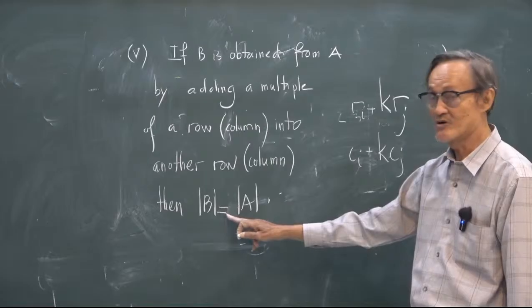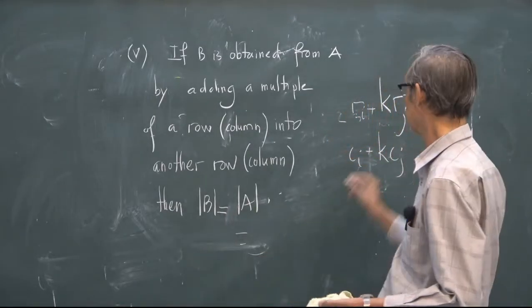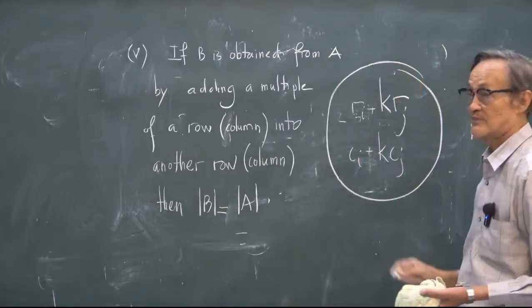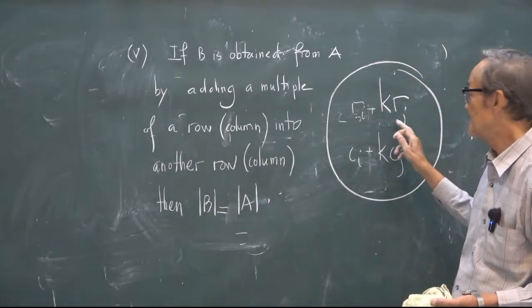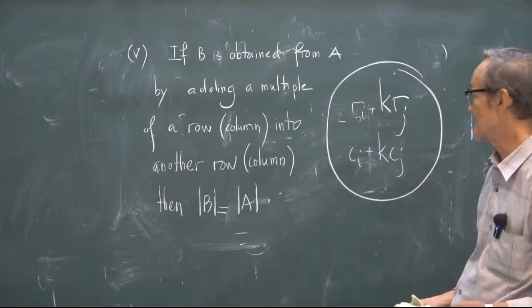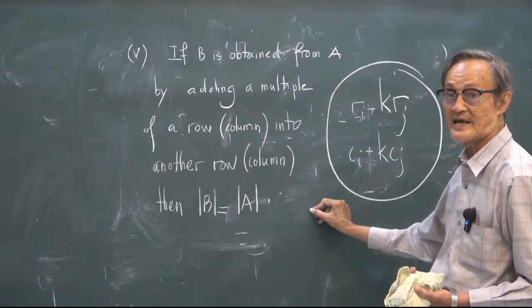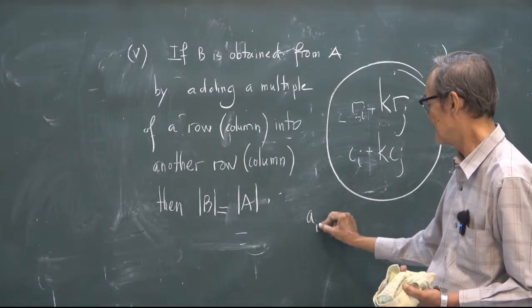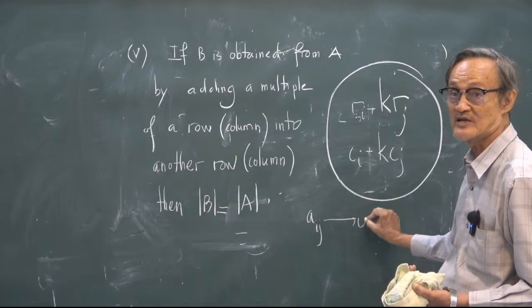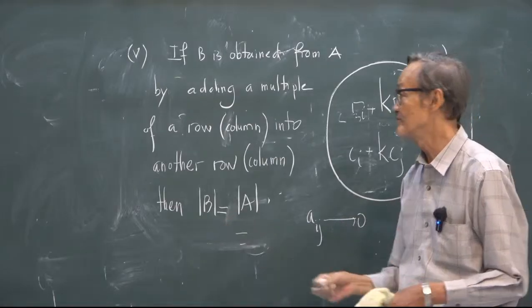The determinant of B equals the determinant of A. Okay. It's very important to find the determinant, to transform elements to become 0. It does not change the result.